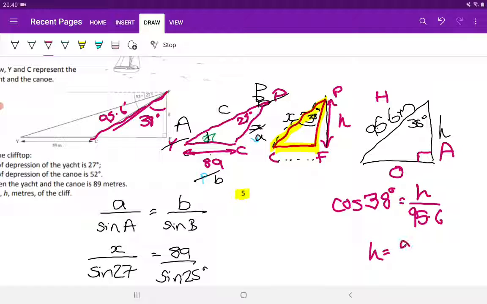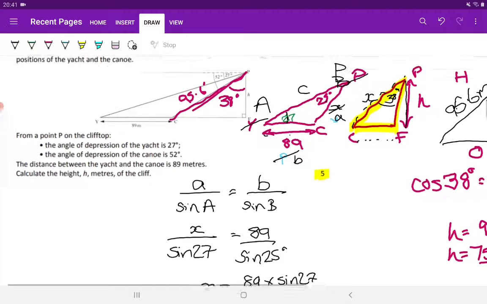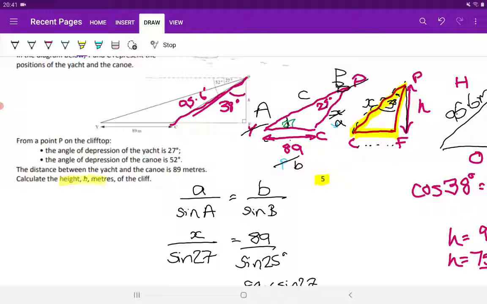So h is going to be 95.6 times cos 38, which is 75.3. So the height of the cliff is 75.3 metres. Just double check, did they want us to round it to anything specifically? No, they didn't. It just says calculate the height h metres of the cliff.